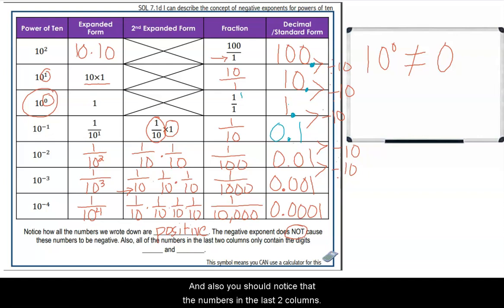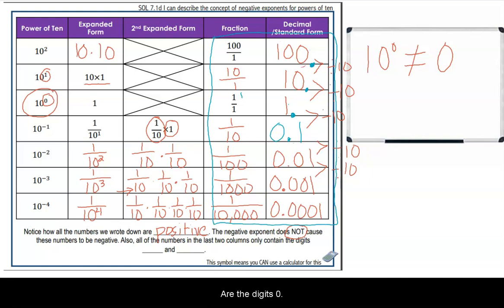And also you should notice that the numbers in the last two columns, the only digits that you should see here are the digits 0 and the digits 1. The exponents do not show up in that last column. Even though this is 10 to the second power, you don't see any 2's over here. Even though this is 10 to the negative third power, you don't see any 3's over here.